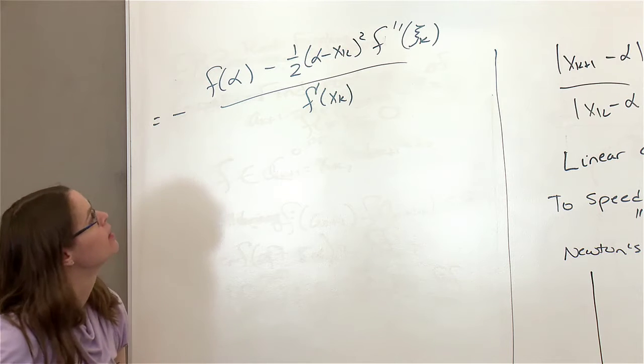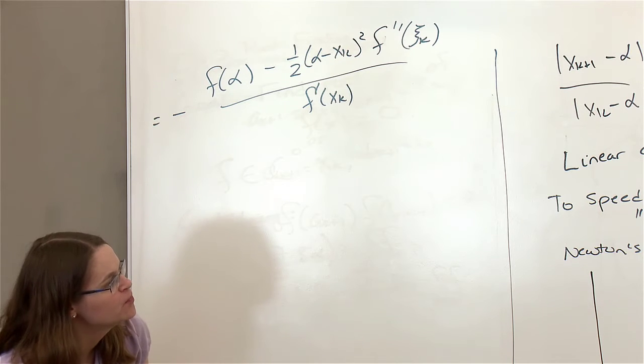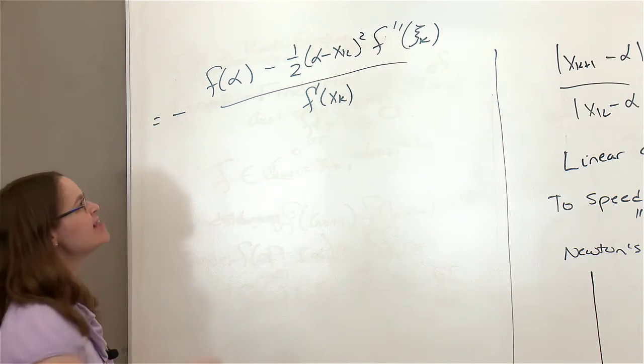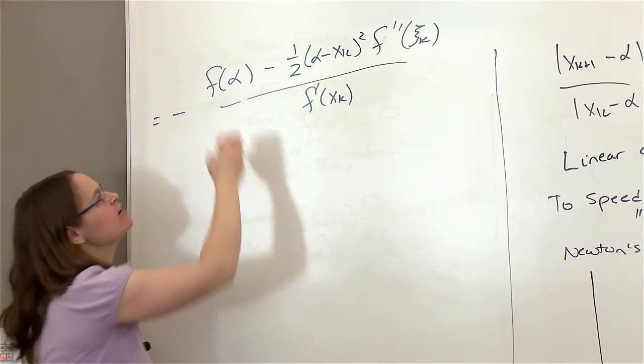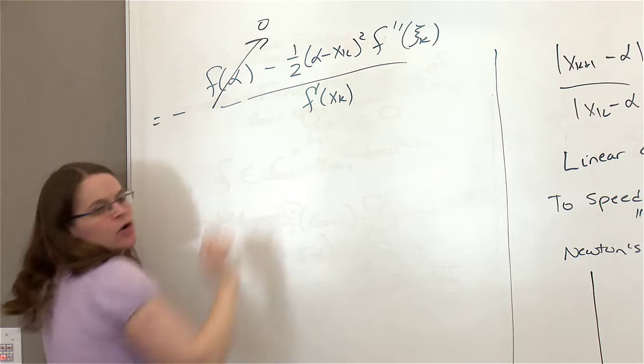At first blush, it maybe doesn't look simpler, but it is simpler because I've got this f of alpha in here. Bringing f of alpha in is great because it just goes away.